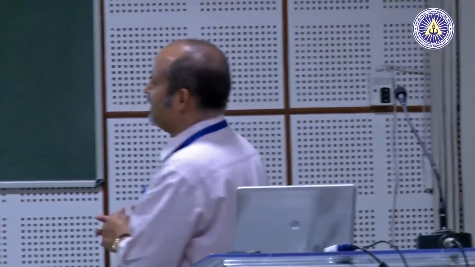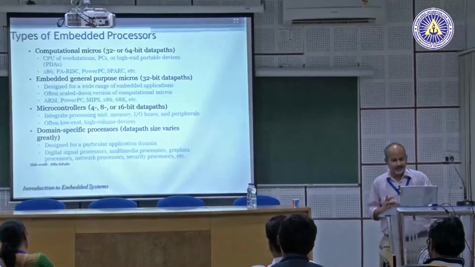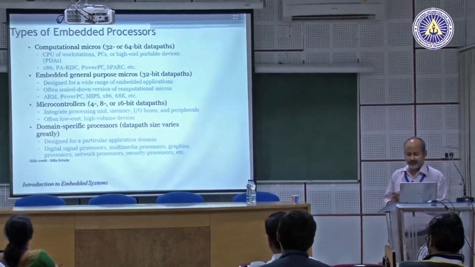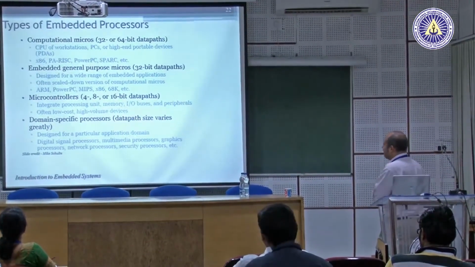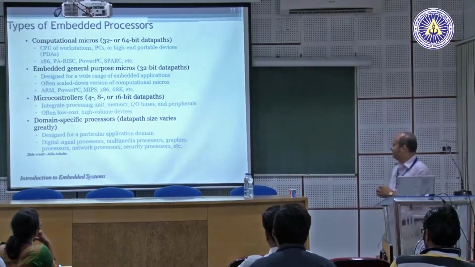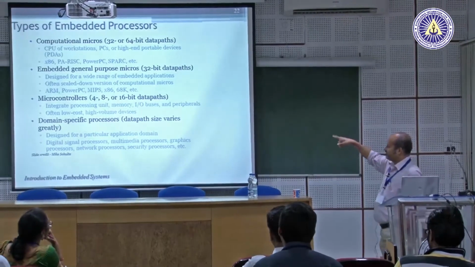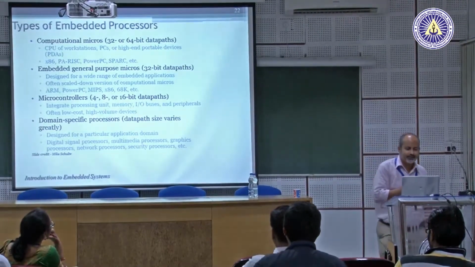Then you have microcontrollers, which have a 4, 8, or 16-bit data path. They are usually pretty compact, often very low cost, and high volume devices. Those general purpose embedded processors are not necessarily very low cost.